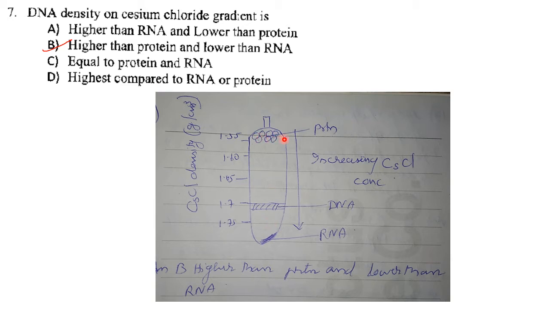So here on the top you have got the proteins, then around 1.7 there will be DNA, and at the base you will find your RNA. So the answer is that DNA density of cesium chloride is higher than protein and lower than RNA. So the answer here is option B.